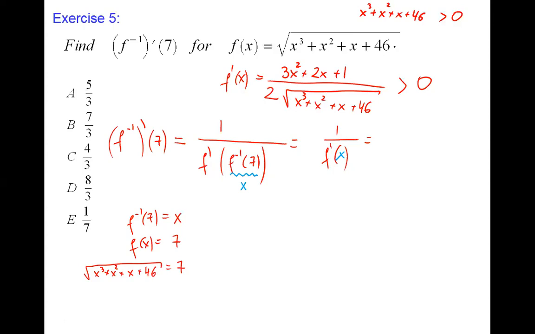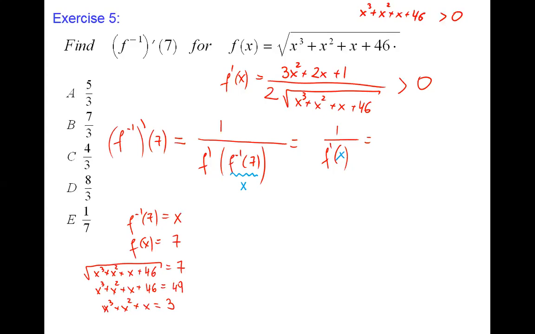I can square both sides and have 49 on this side, which eliminates the root. Then I can subtract 46, which gives x cubed plus x squared plus x equals 3. But this is the moment that we can't really solve this equation fully algebraically.